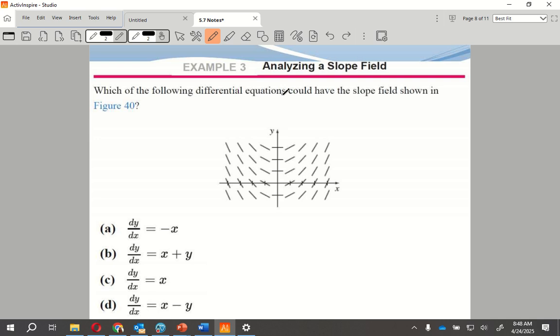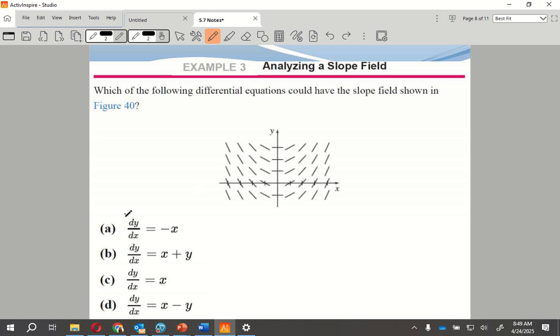Which of the following differential equations could have a slope field shown with this? So, what shape is this? Look at those fields. It looks like it's making a shape of a parabola, isn't it? Okay. So, right here on the y-axis, what's the slope going along the y-axis? 0, right?